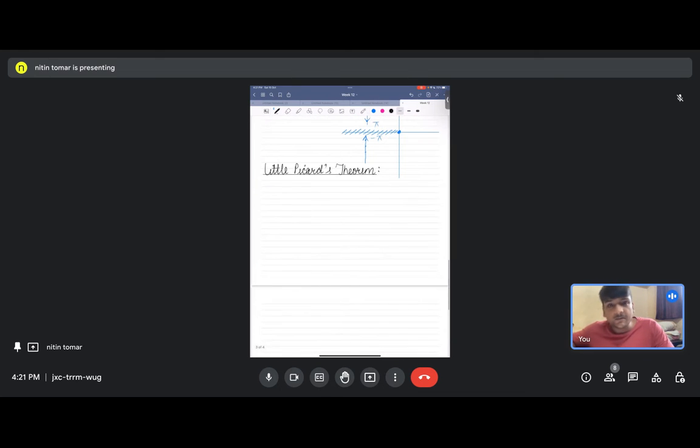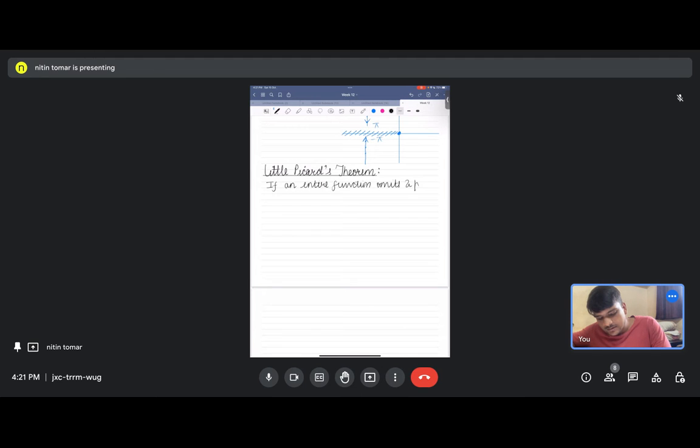First of all, it's a statement about entire functions, right? It says if an entire function omits 2 points in its range, then it is constant. Correct?